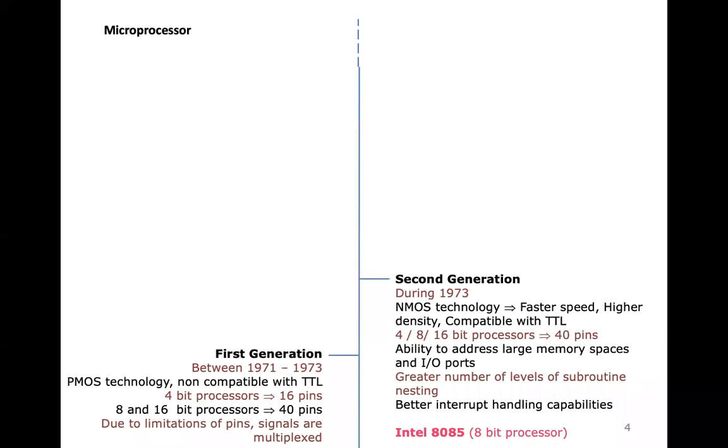Clear? There were 4-bit, 8-bit, and 16-bit processors, but the 8-bit processor of this second generation is popular.